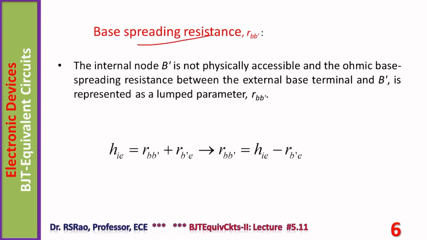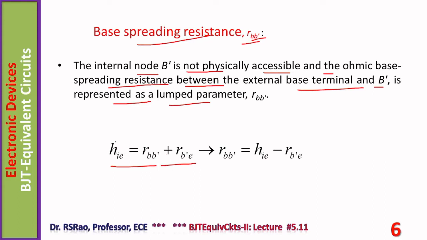Another parameter, base spreading resistance r_BB'. The internal node B' is not physically accessible, and the ohmic base spreading resistance between the external base terminal and B' is represented as a lumped parameter, r_BB'.